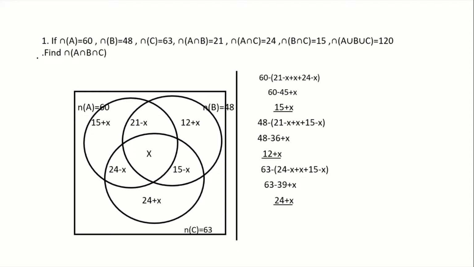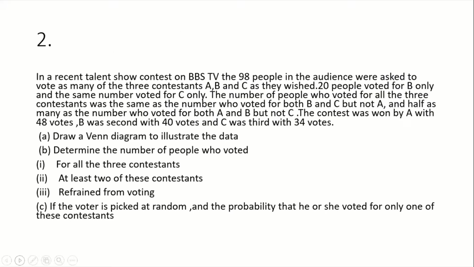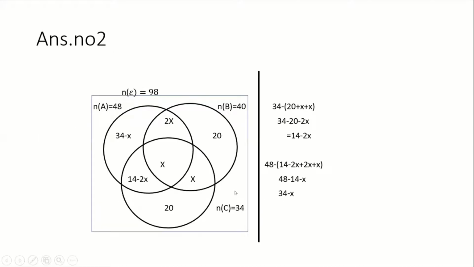Number two, the first Venn diagram. I got lost on how you got the number of members in set A only and set A intersection C.